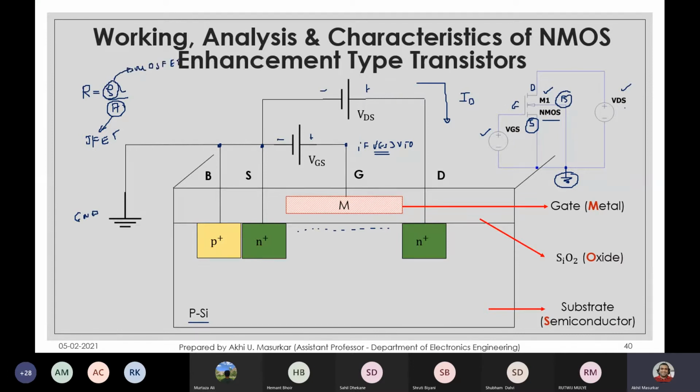In the MOSFET, you are controlling the rho. So if my VGS is more than the threshold voltage, then the resistance will fall, so current will increase. And if VGS is less, then resistance will be more, current will decrease. So that is how we basically control the current in the channel with the help of VGS and VDS.